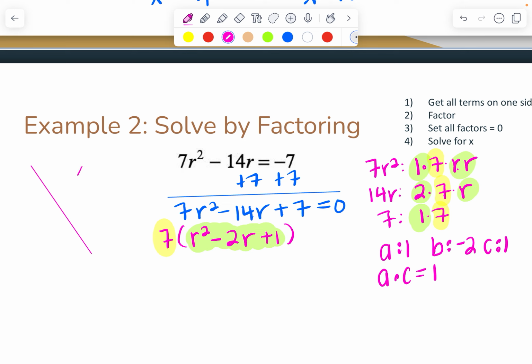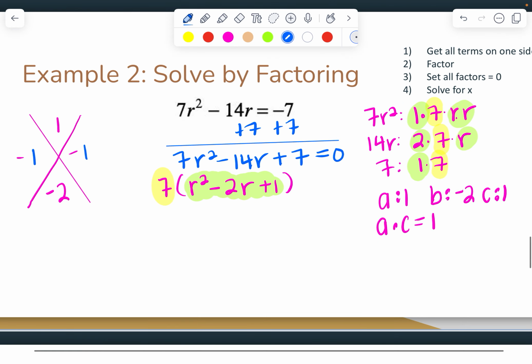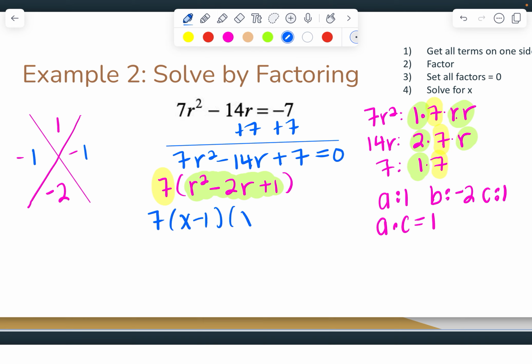So now I'm looking for two numbers that are going to multiply to give me 1 and add to give me negative 2. The top is positive, the bottom is negative, which means the two sides are going to be negative. So now ignoring all signs, I'm just looking for two numbers that multiply to 1 and add to 2. Well, the only options there are 1 and 1. So we have 7 times x minus 1 times x minus 1 equals 0.